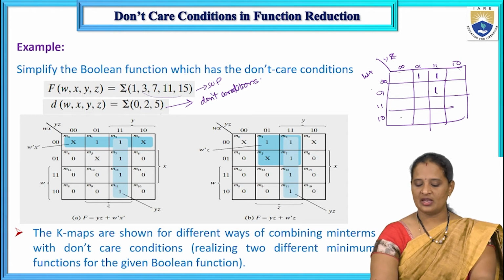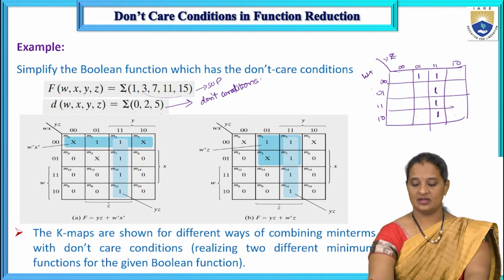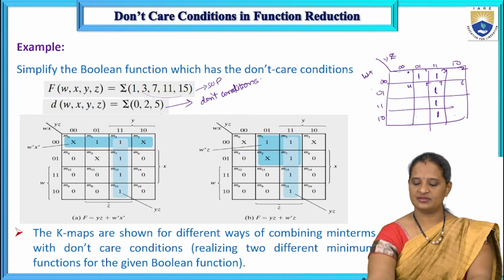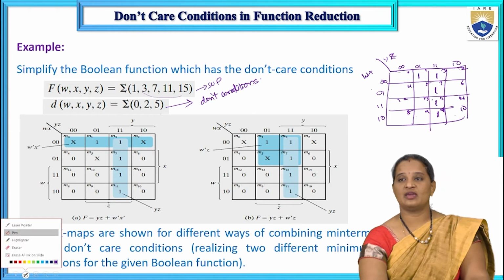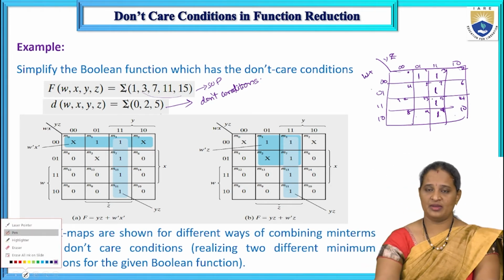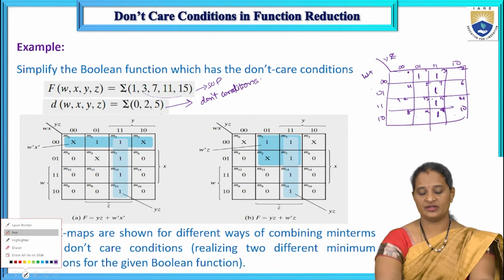And 11, then 15. The cell numbering is 0, 1, 3, 2, next 4, 5, 7, 6, then 12, 13, 15, 14, then 8, 9, 11, 10. So this is the K-map mapping.